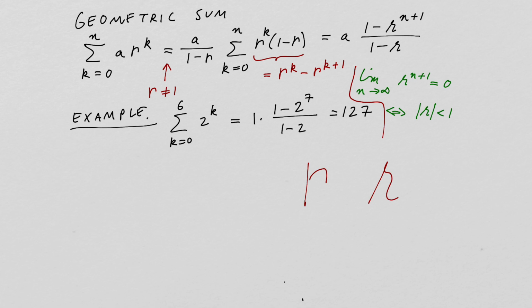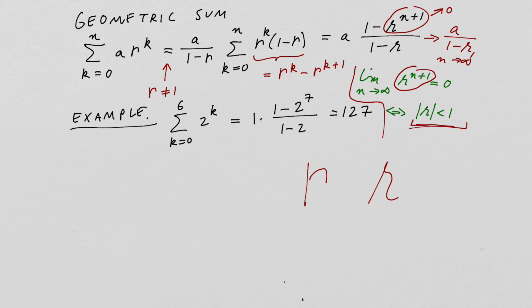Well, if we would have that our r to power n plus 1 would go to 0, that means the absolute value of r would be less than 1, then we would obtain that our geometric sum would approach this value.